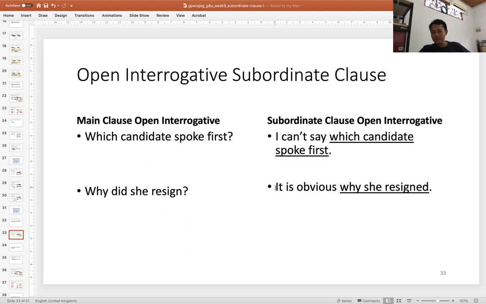But in the subordinate clause, there is no such inversion. So you still have subject and predicate order. "It is obvious why she resigned." "I don't know why she resigned."